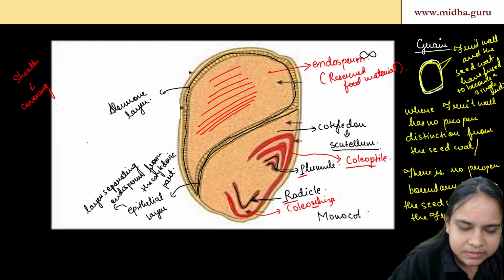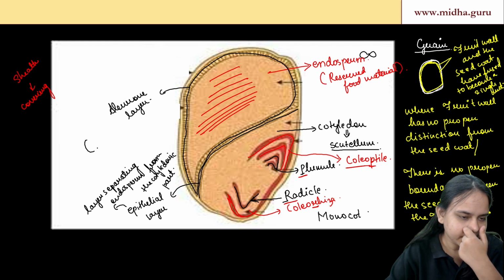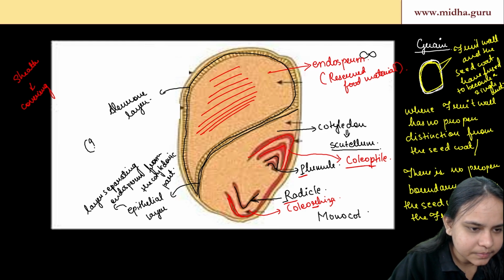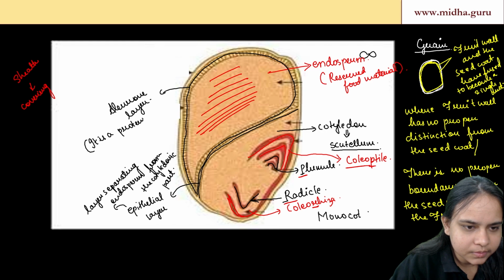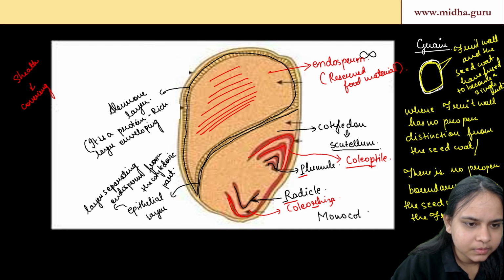We can define it this way: a protein rich layer enveloping the endosperm from outside.